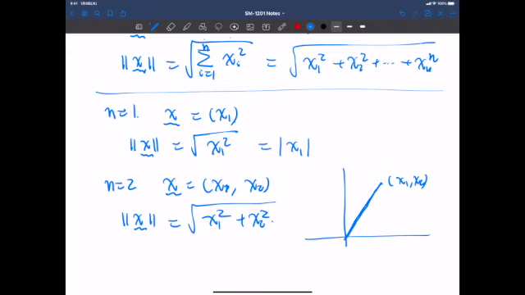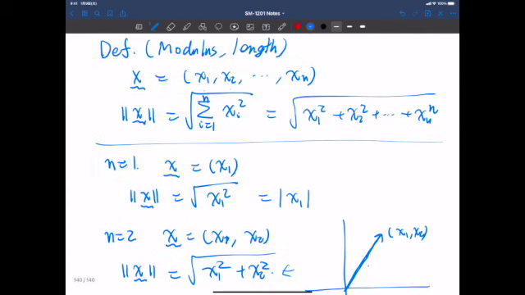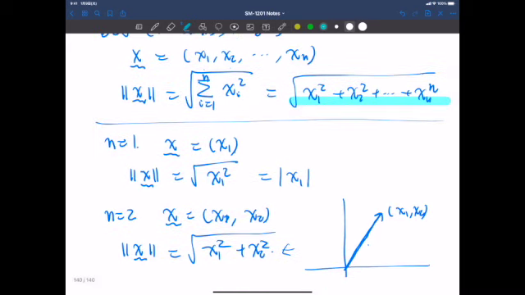So if we have this vector, this length is the modulus of this vector. Okay, so we may consider this definition of modulus as an extension of the distance between the head of the vector and the origin in n dimensions.